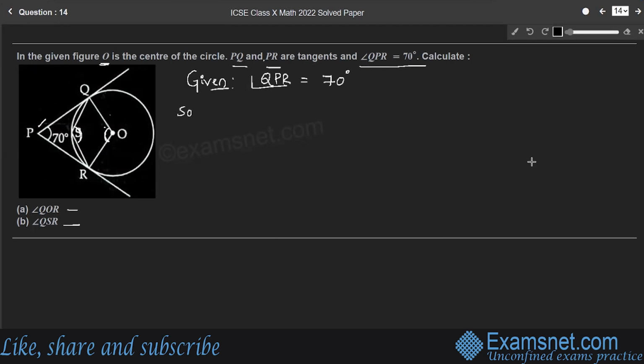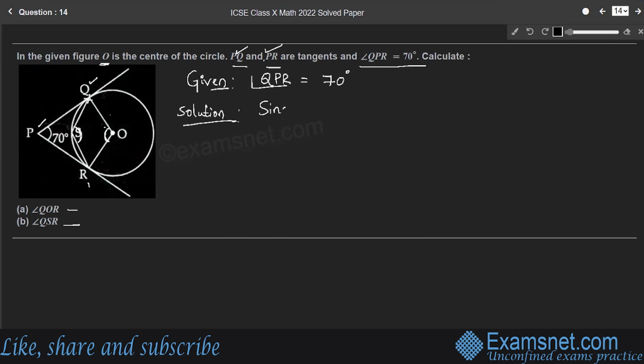So take the solution part. Here PQ and PR are tangents, right? So a tangent is perpendicular to the radius at the point of contact. Here the point of contact is Q for tangent PQ and R for tangent PR, right?